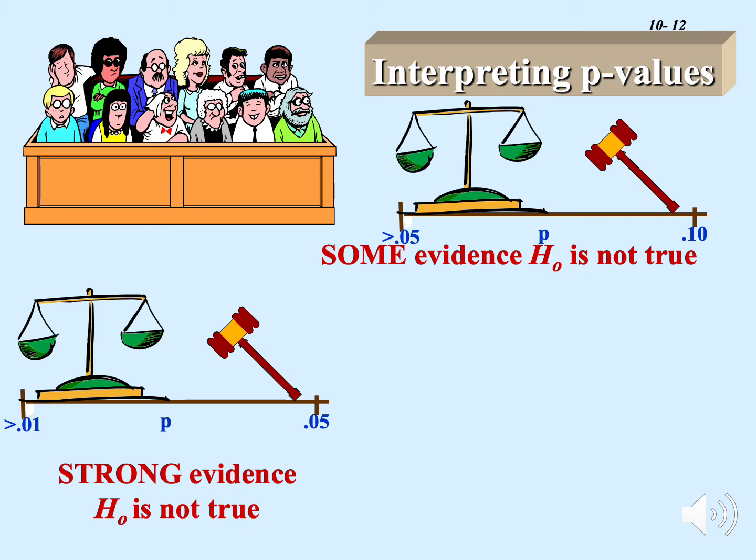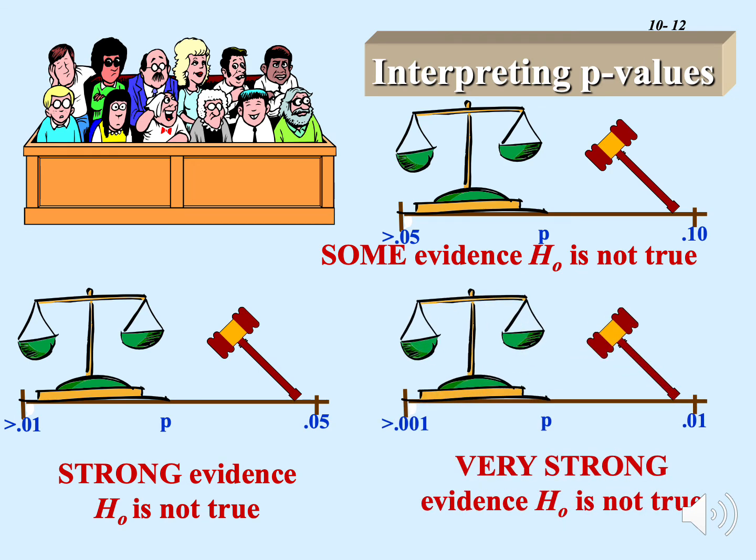So there is some evidence that H0 is not true. But if it is 0.01 to 0.05, then there is strong evidence that H0 is not really true. And if it is 0.001 to 0.01, then it is very strong evidence that H0 is not really true. So here, it is rejected because you set the boundary at 0.05, so if you go beyond 0.05, then you reject H0.